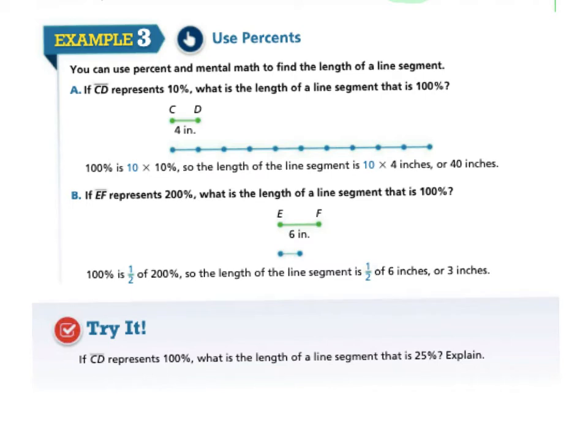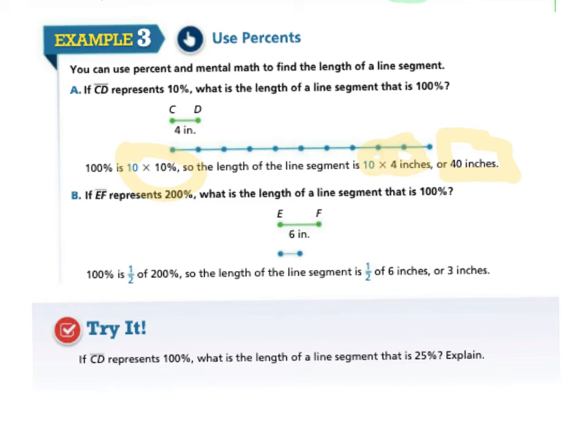So if this represents 10%, 4 inches is 10%, and you want to see how long the total line is going to be, well, you simply would multiply 10 times 10%, because you know 10 times 10 would be 100%. So if you multiply the 4 inches by 10, you would come up with the line is 40 inches long.